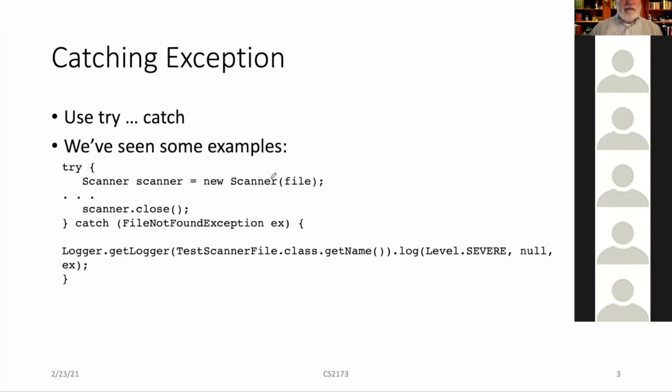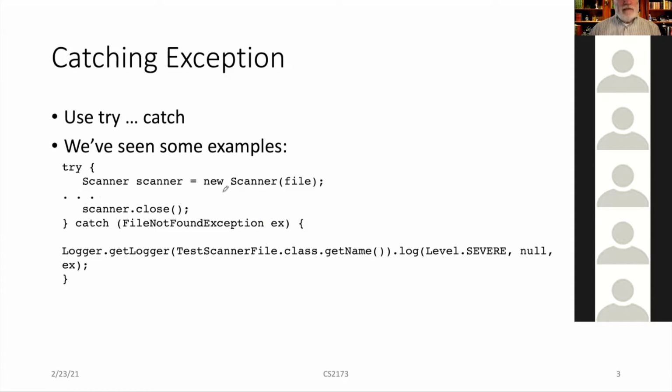And we've seen this. Now here, of course, this doesn't do that finally thing that we did before. This was kind of the first cut at this. The issue with this was that we're kind of closing the scanner within the try catch.